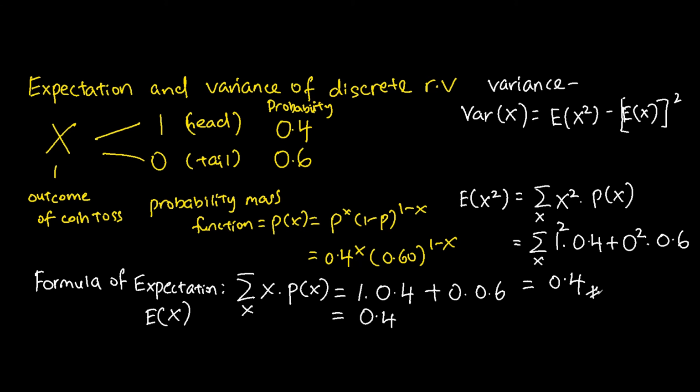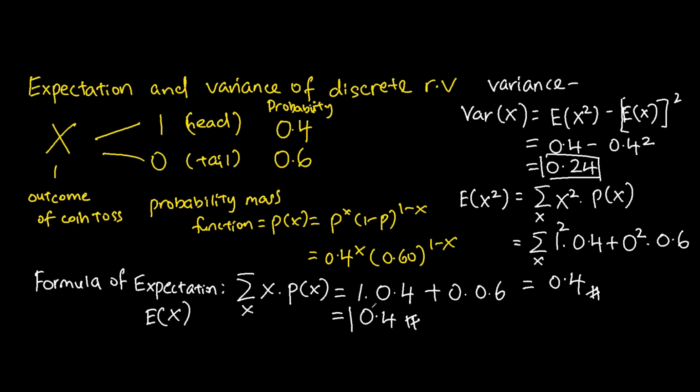To calculate the variance, which is the measure of dispersion of my random variable x, we take the expectation of x squared, which is 0.4, minus the expectation, the whole thing squared, which is 0.4 squared, and this is 0.16.